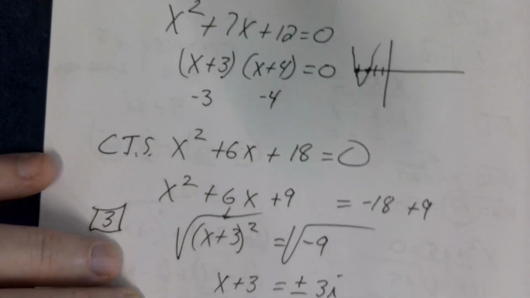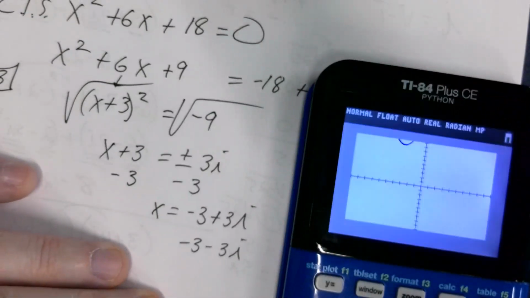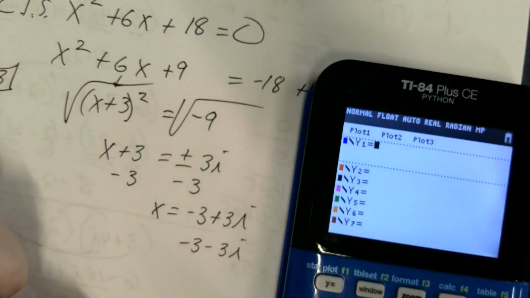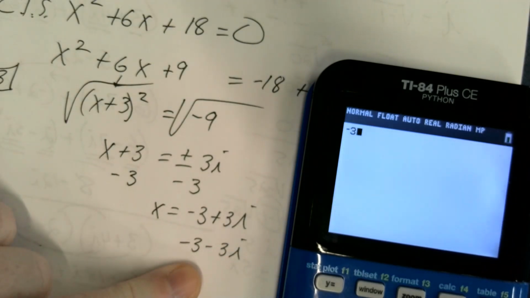And you're like, what? Really? That works? I don't know. Let's check it. So I've talked about this many times in the class. So let's go ahead and go here to our home screen. And I'm going to put in negative 3. I'm going to choose negative 3 minus 3i first, but I could have used either one of them. Negative 3 minus 3i, and I'm going to go ahead and store that in x.